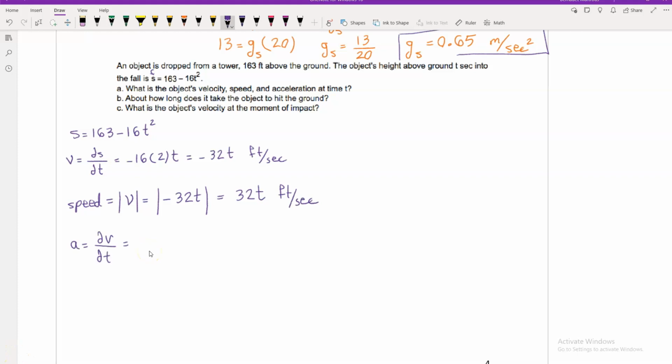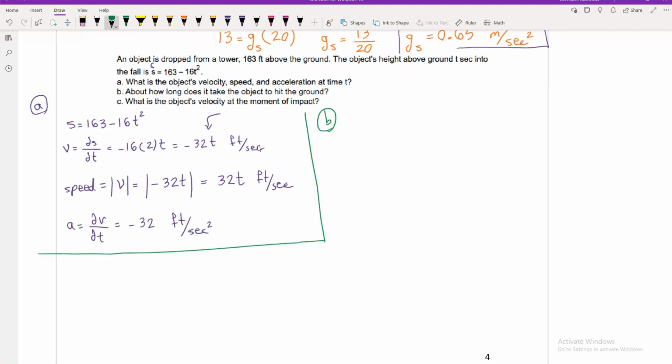And acceleration is the derivative of velocity with respect to time. So here it is negative 32, based on this part, so negative 32 feet per second squared.